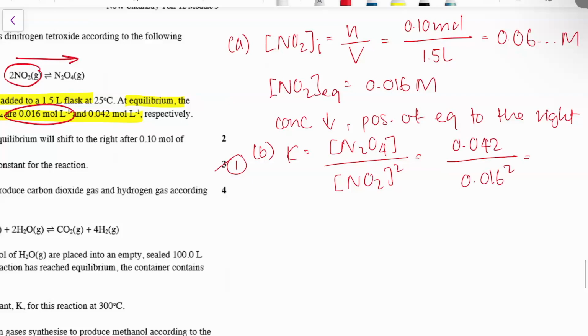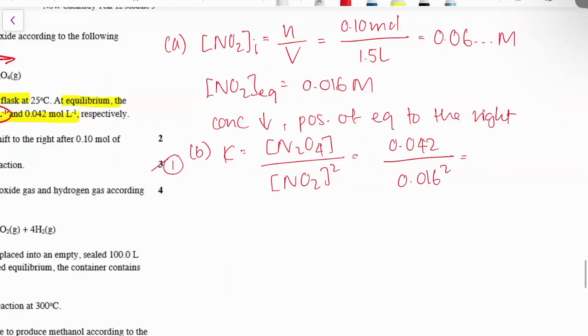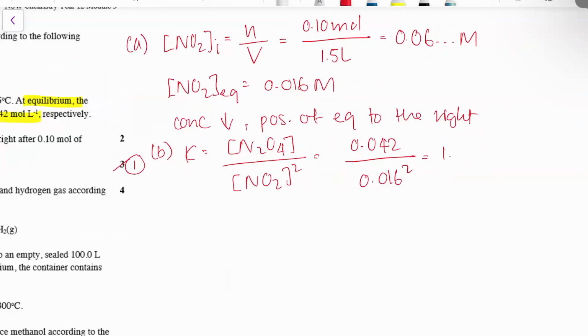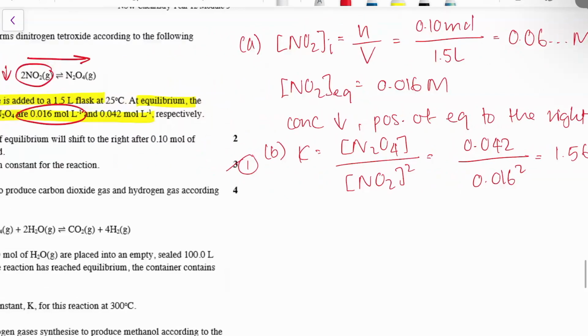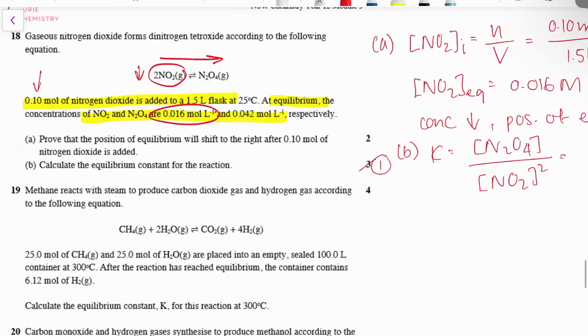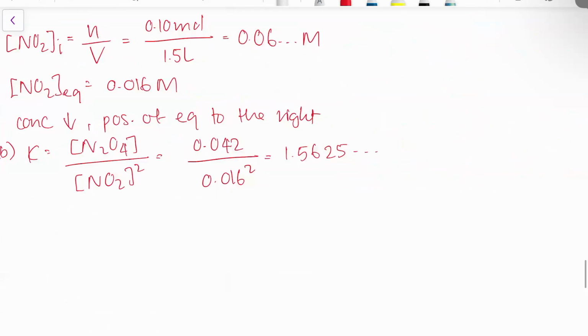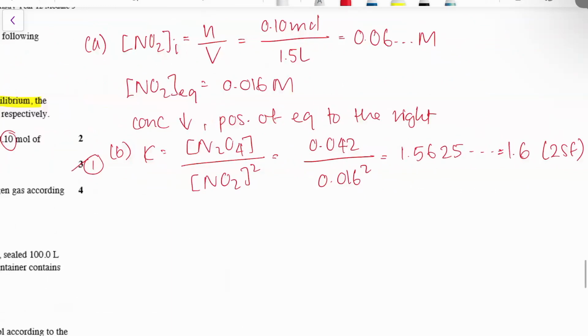What do we get for K? 1.5625. And then your smallest sig fig, all of them are 2 sig figs. So my final answer, I'll make 1.6, and that's to 2 sig figs. Does the equilibrium constant have any units? No, it does not.